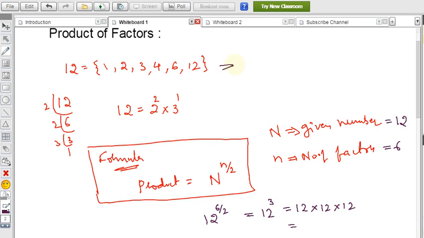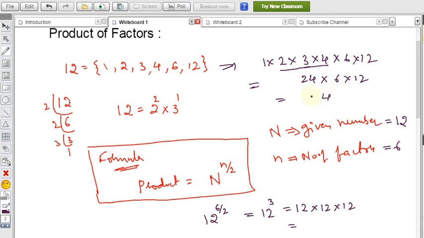We can do checking also, that is 1 into 2 into 3 into 4 into 6 into 12. 2 3s are 6, 6 4s are 24, into 6 into 12. 24 into 6 is 144, into 12.